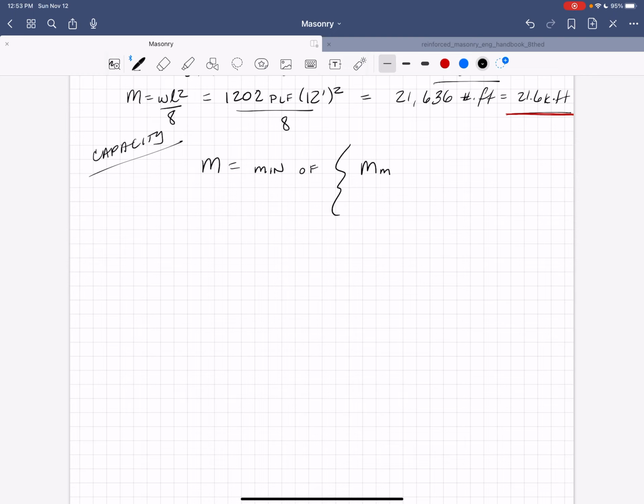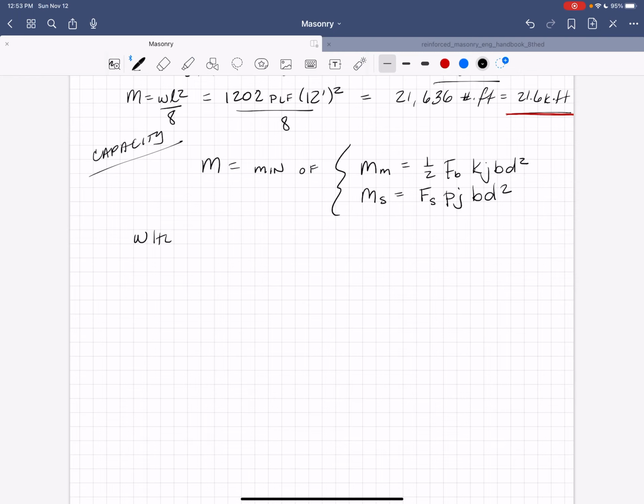M sub m is equal to 1/2 F sub b, capital F sub b, K, not K sub j, K times J B D squared, sorry. Got to get my mind on masonry here; I had to do wood for a while. All right, M sub s, the moment in the steel, is F sub s, rho, J, B, D squared. Okay, both of those are in the handbook and the pages I just showed you in section 5.2.